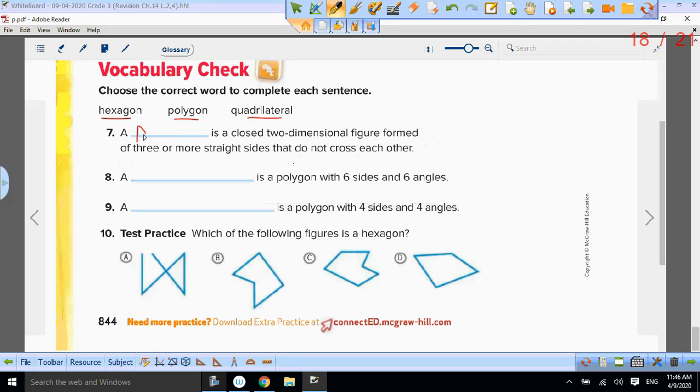Yes, the definition of polygon. What is a polygon with 6 sides and 6 angles? Yes, it is a hexagon. 9. What is a polygon with 4 sides and 4 angles? Yes, quadrilateral.